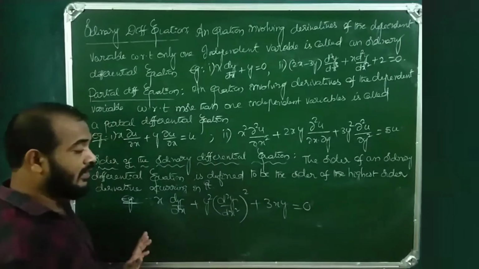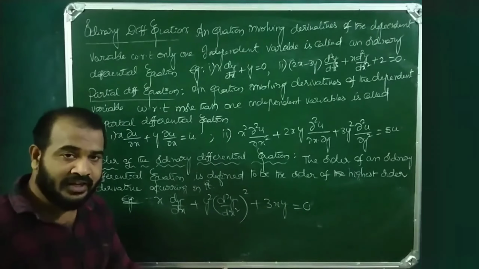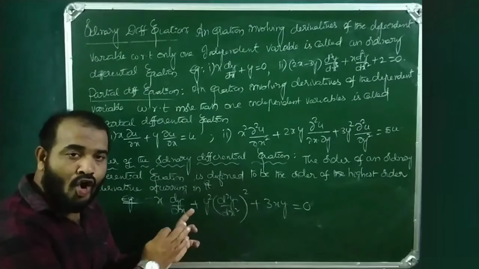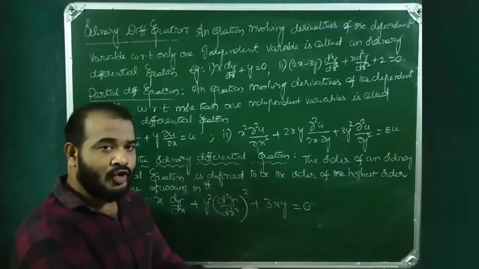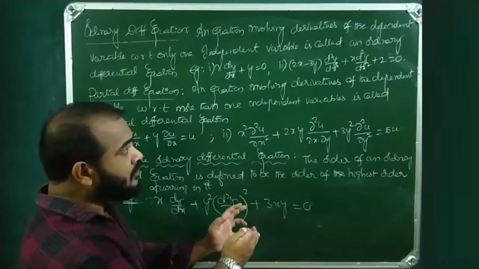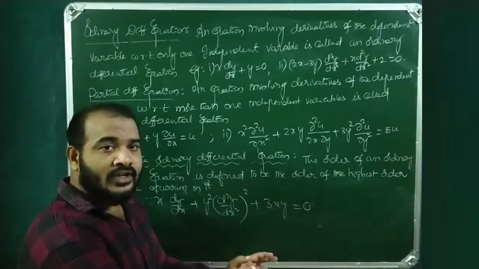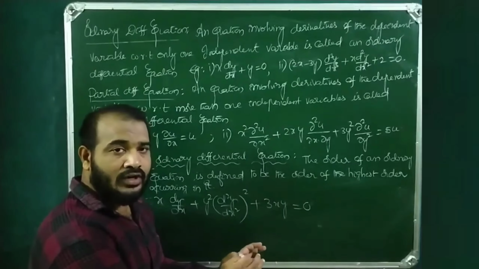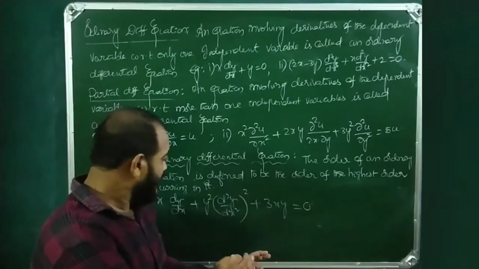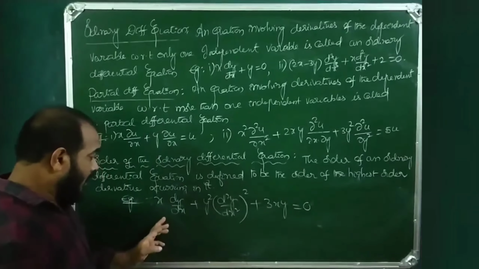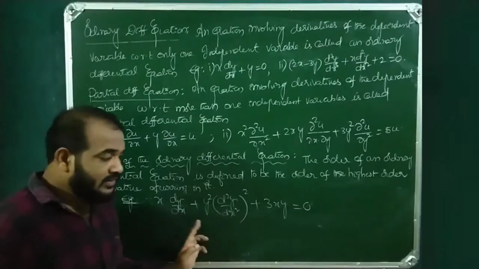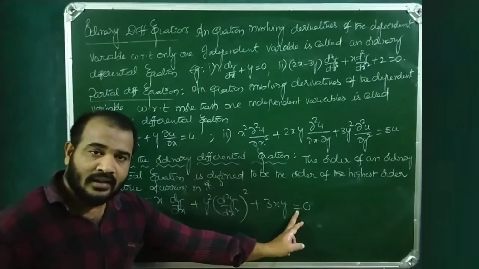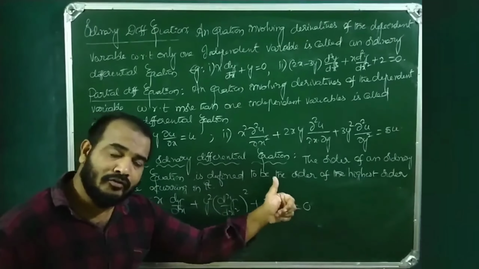For example, this is the differential equation. Which differential equation? Ordinary differential equation. Already I have told that the differential equation here is the ordinary differential equation only. The partial differential equation we are not discussing here. So now x dy by dx plus y. The equals symbol is there, therefore it is a differential equation.